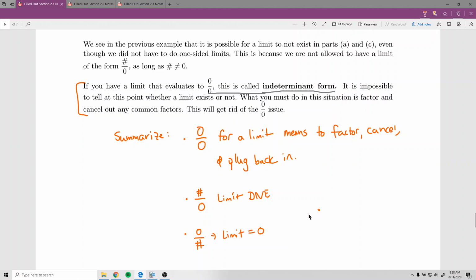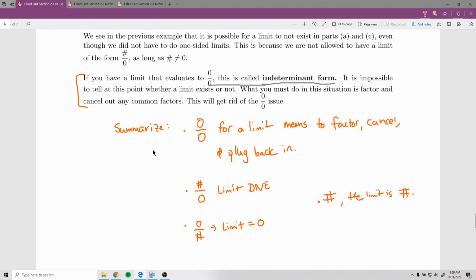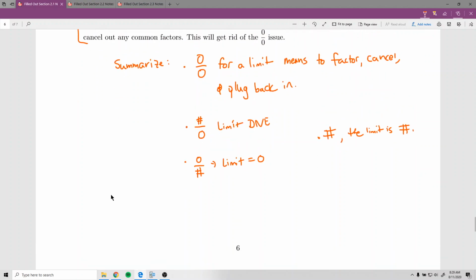And if you get just a number, that's what the limit is. And so this is the one that's going to be the most weird, but you're probably going to see it the most, which means you'll get used to it. And this is really a good summary for this whole section.